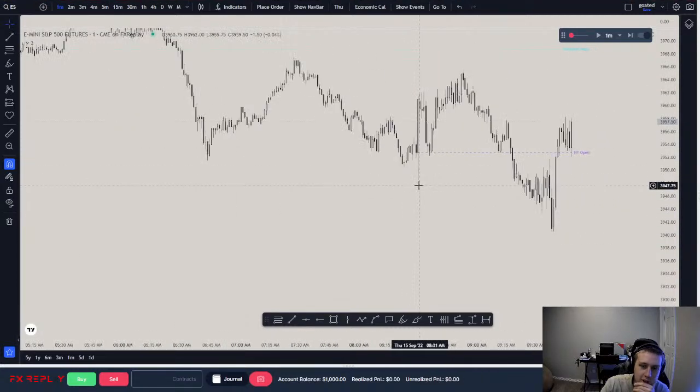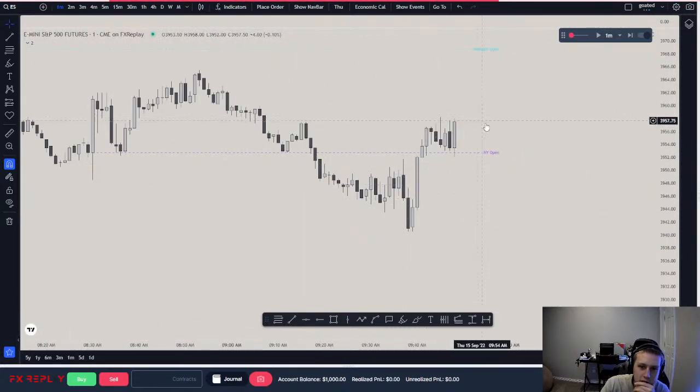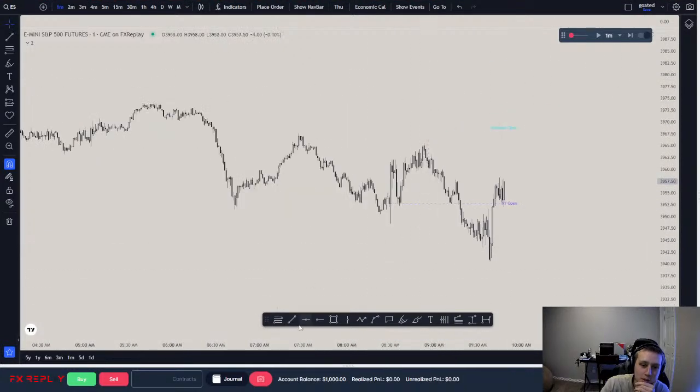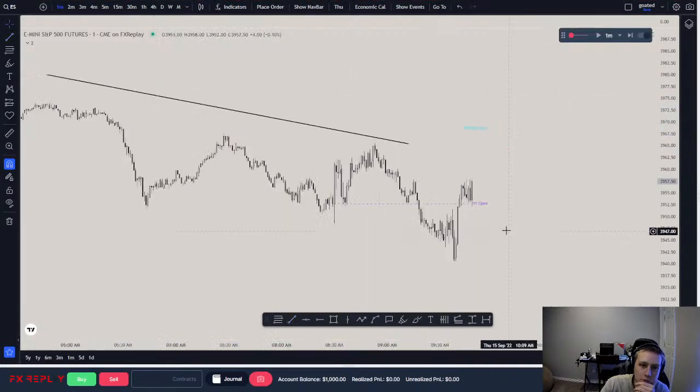ES has taken all these lows though. ES looks bullish here. Lowers this liquidity.